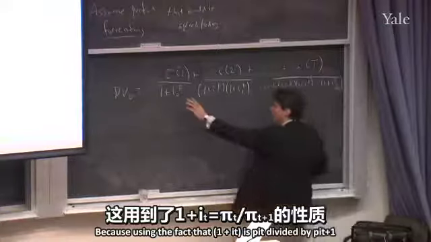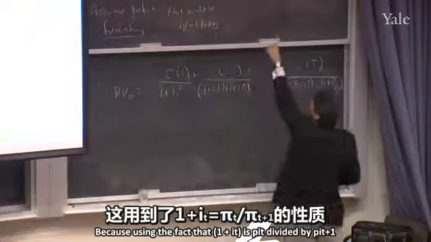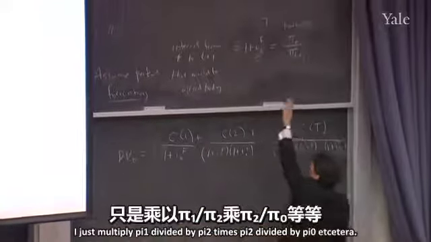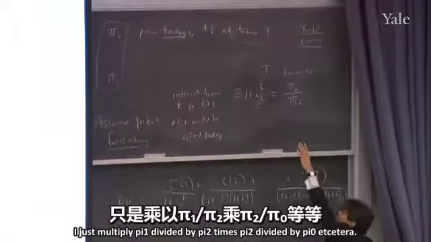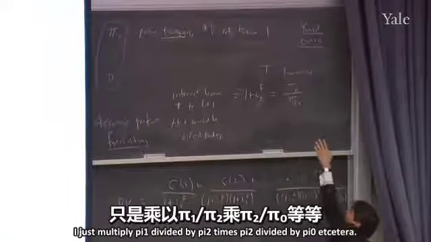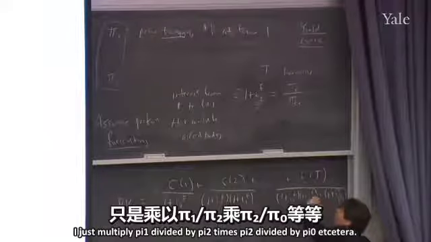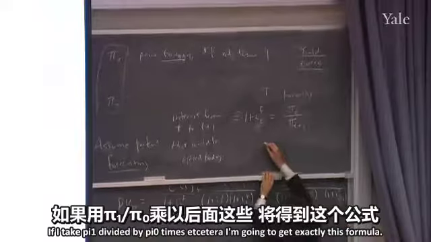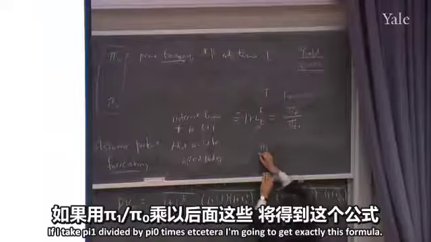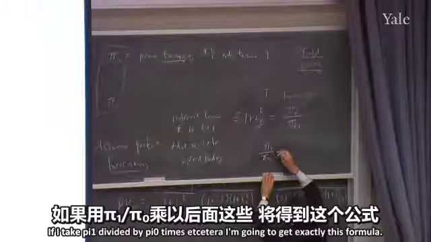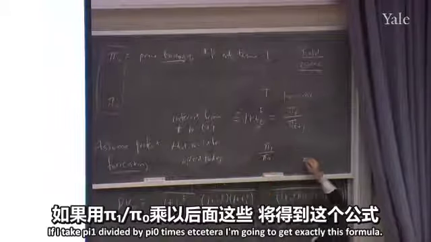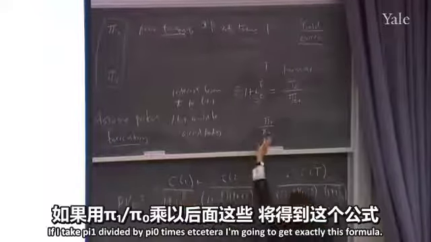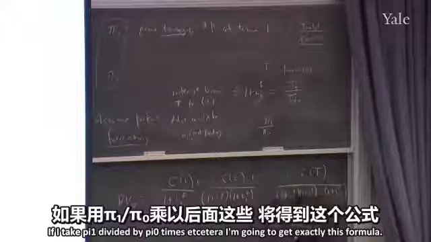Okay, because using the fact that the 1 plus it is pi t divided by pi t plus 1, I just multiply pi 1 divided by pi 2 times pi 2 divided by pi 0, etc. If I take pi 1 divided by pi 0 times, etc., I'm going to get exactly this formula.